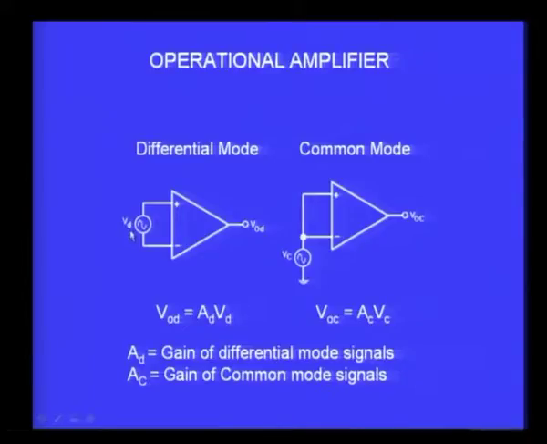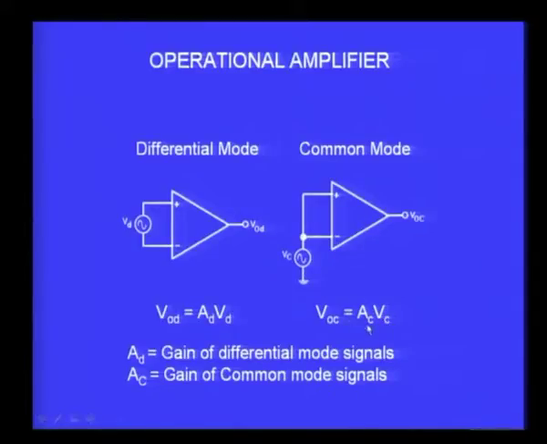In the differential mode of connection, VOD, that is the differential output voltage, is equal to AD, which is called the differential gain, into VD, the input differential voltage you apply in the differential mode. Similarly, for the common mode, VOC, the output voltage corresponding to the common mode configuration, is equal to AC, the common mode gain, multiplied by VC, the common mode voltage applied at the input.